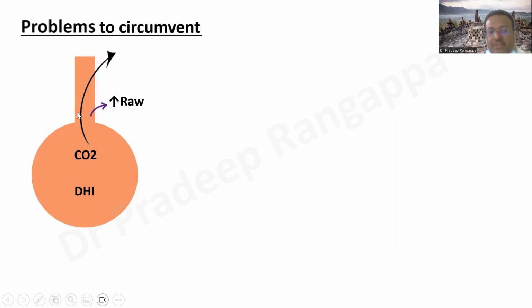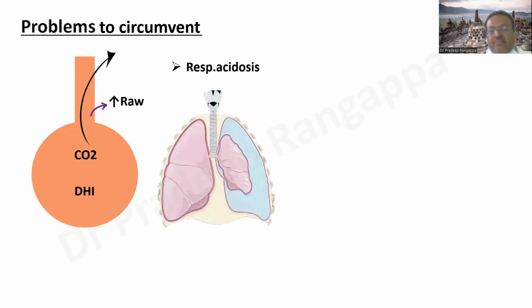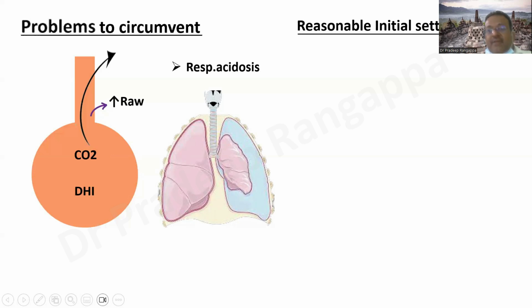So because there is reduced time for this carbon dioxide to come out, we have to increase the time so that enough time is given for this carbon dioxide to come out. And we have to address this increased airway resistance by bronchodilation. And we have to circumvent this respiratory acidosis. And then the other problem we need to circumvent is to minimize the risk of them developing pneumothorax because of the increase in the pressures.